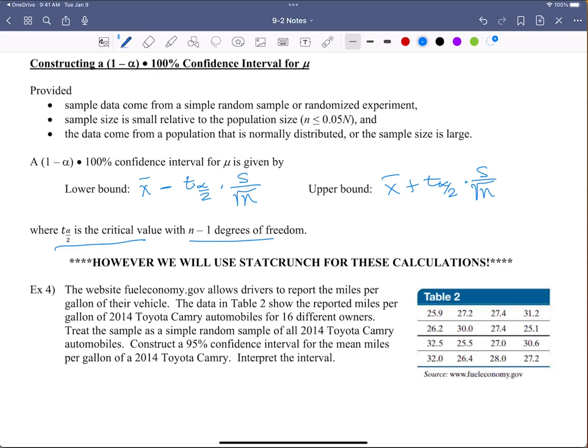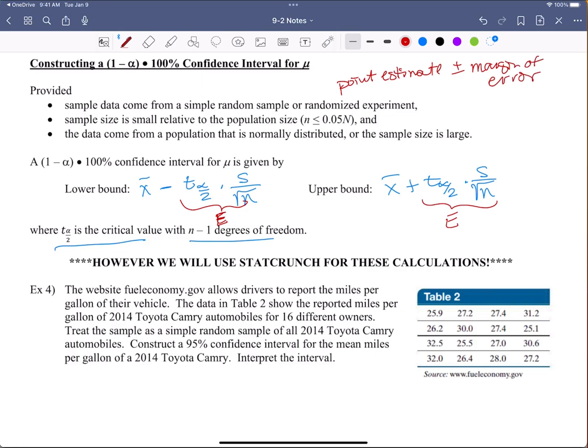So this is my margin of error, E, and my point estimate plus or minus that margin of error.